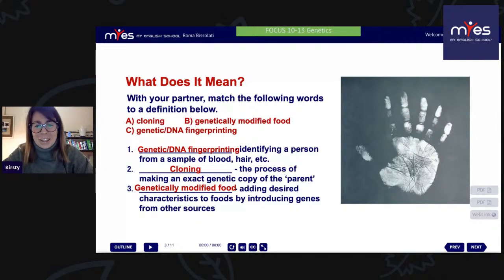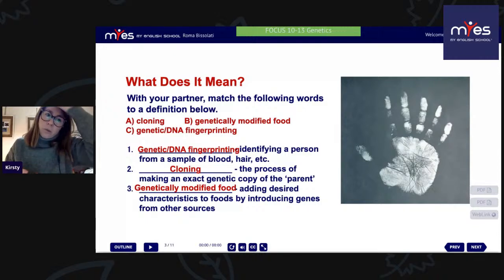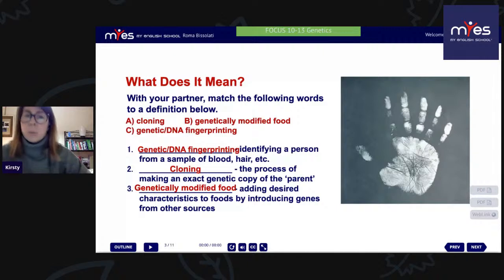Dolly. Okay, what do you think about this? Do you think it was right to clone a sheep? What do you think from an ethical point of view? Do you think it was right to make a genetic copy of a sheep, or do you think it was pointless?